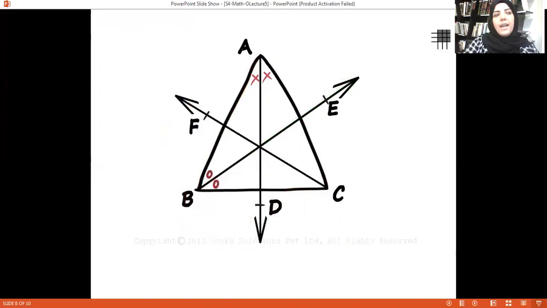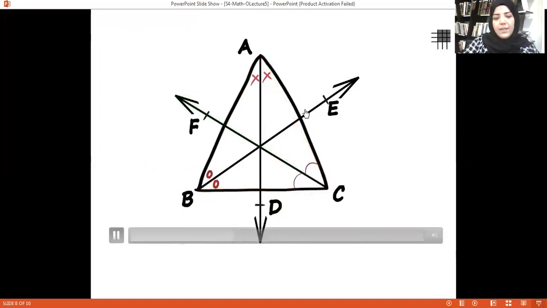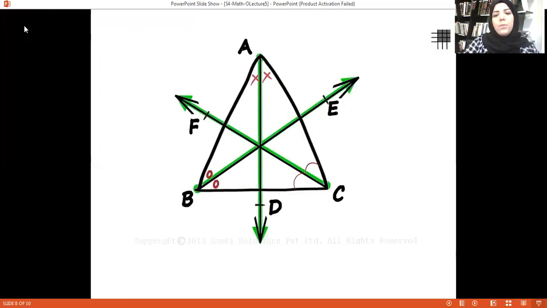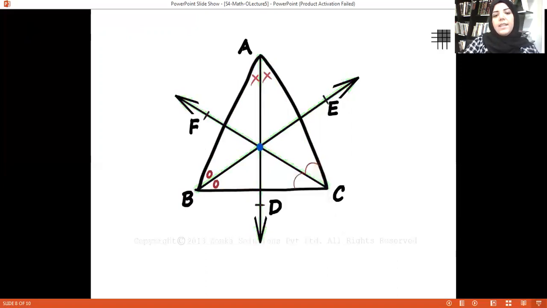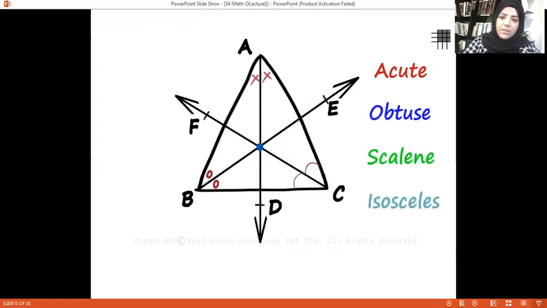And now CF also divides the angle ACB into two equal angles. And as you can see, the three bisectors meet at a point. This point we call the incenter. Okay, so we call it the incenter of the triangle.